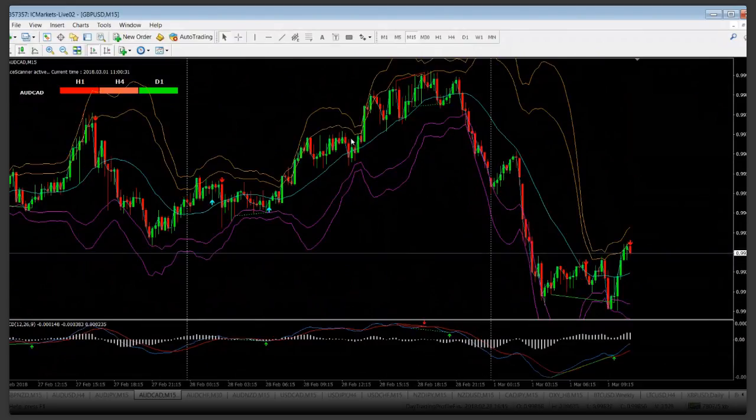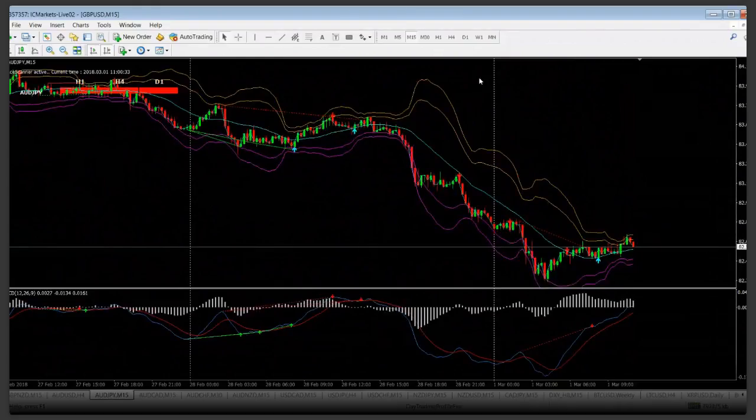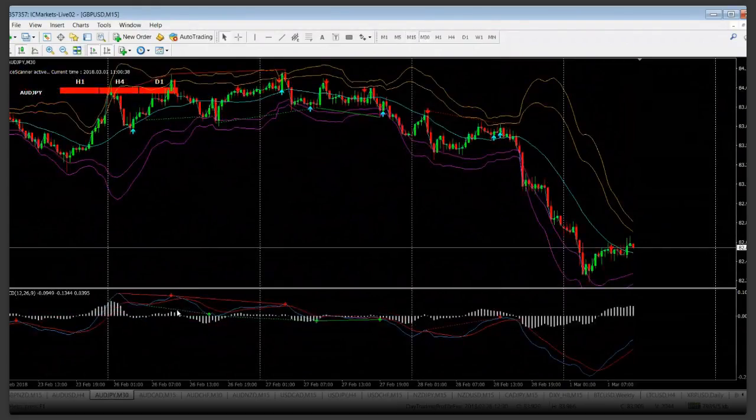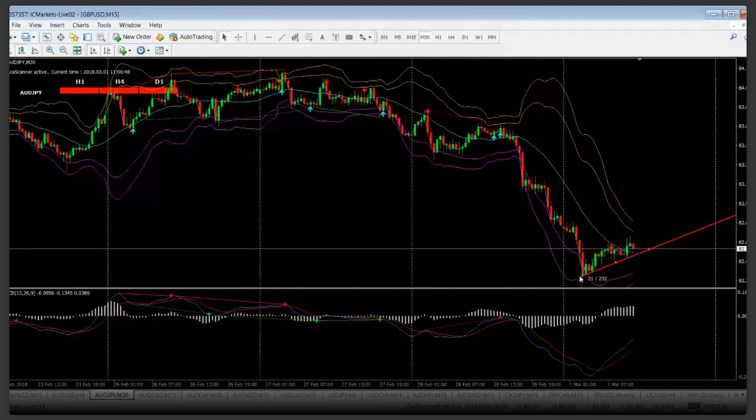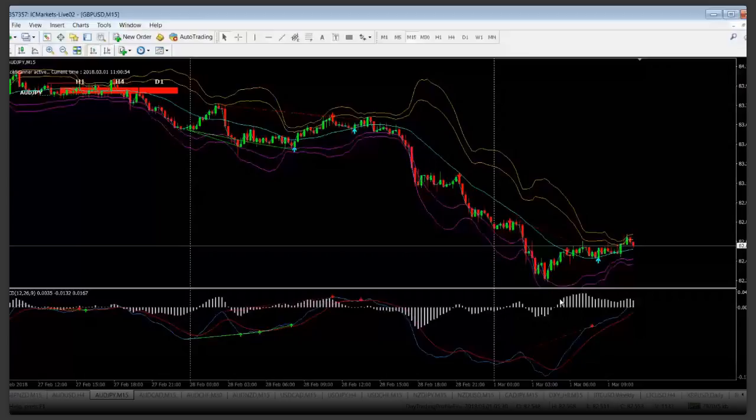Daily's up. If we got a good signal on the Aussie yen here, it'd be good. I'm liking this good bear flag formation, so a sell trade would be nice there, if it happens.